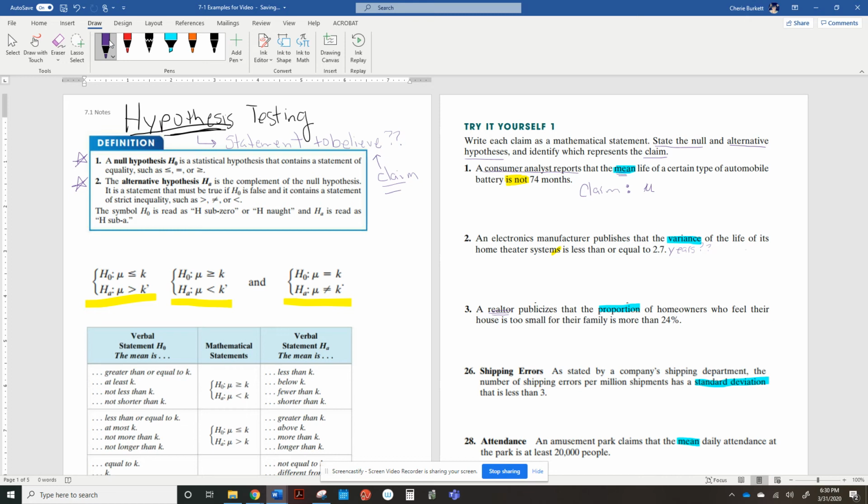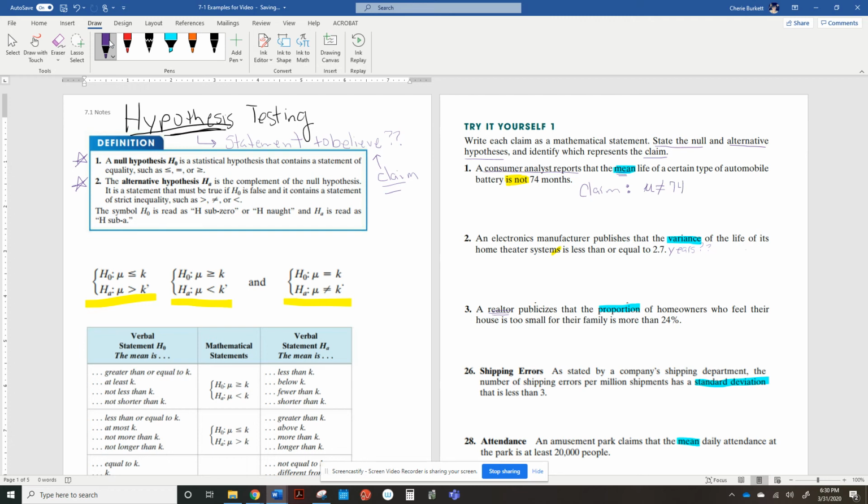We've got these symbols here: less than or equal to, greater than or equal to. If you don't know those, you might want to brush up on your symbols. This is greater than, this is less than, and this one right here is not equal to. So when it says mu is not, we put an equal sign with a slash through it. Mu is not 74. Okay, that's the claim.